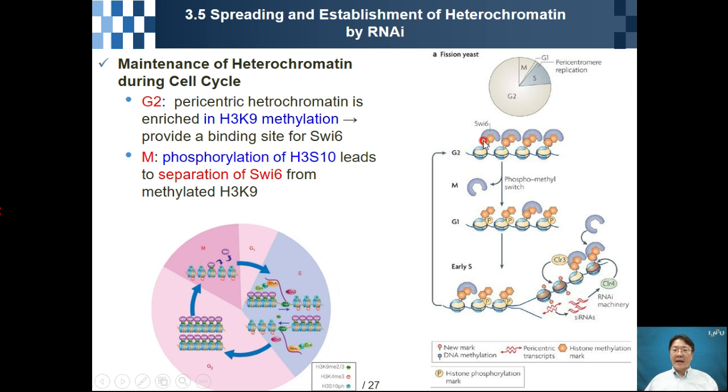So this is H3K9 methylation. Usually this methylated site provides a binding site for Swi6 protein. So this is Swi6 protein binding to the methylated H3K9.